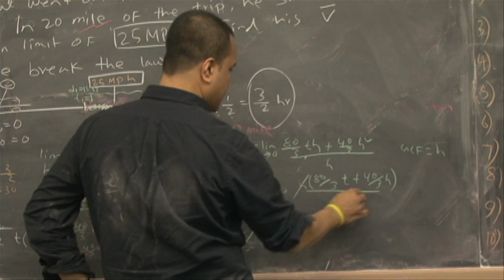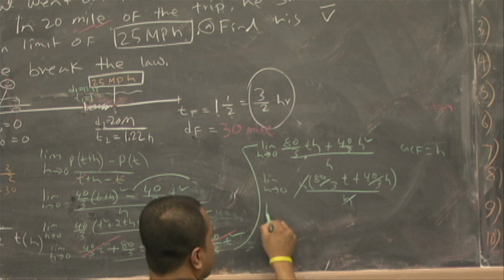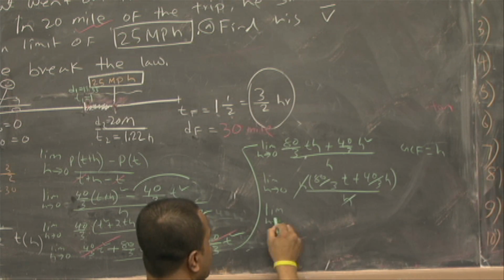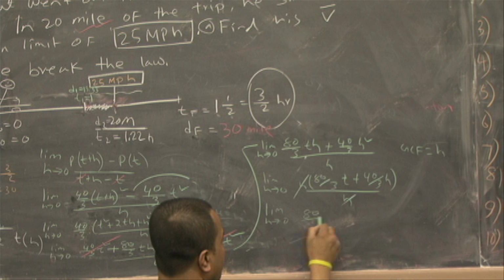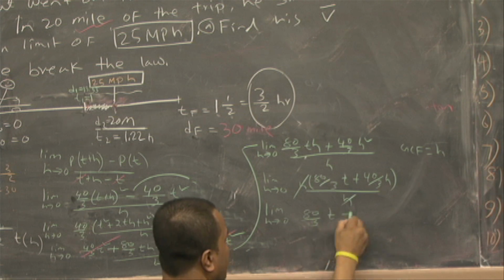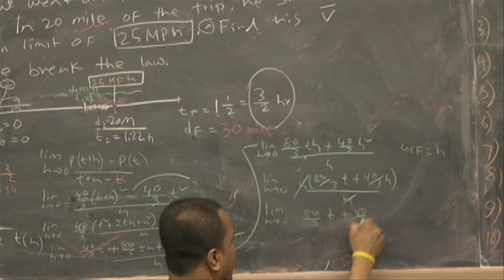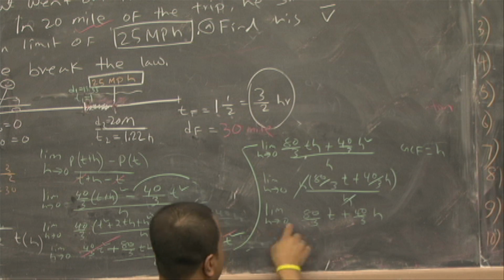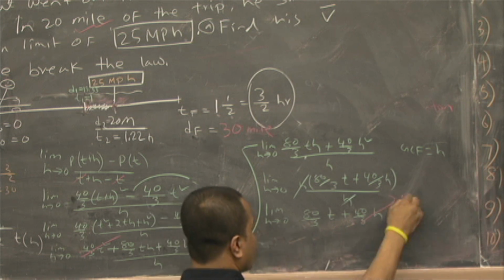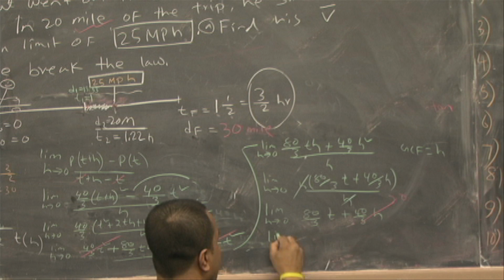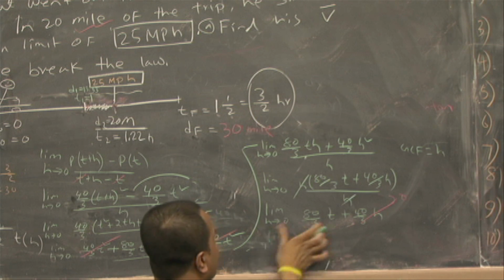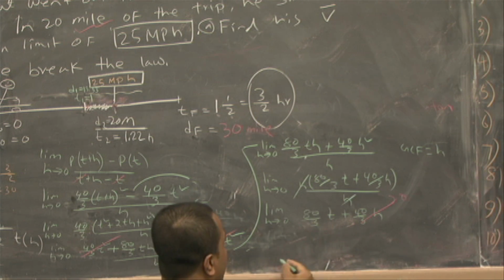The h cancels. So the limit as h goes to 0 of 80 over 3 t plus 40 over 3 h, and as h goes to 0, we don't need to write the limit anymore.